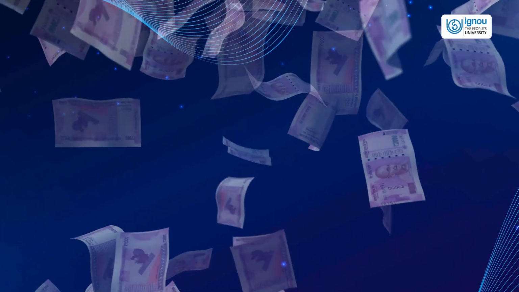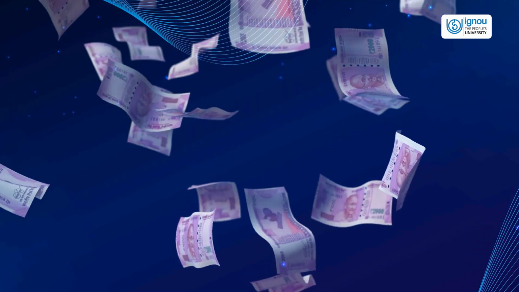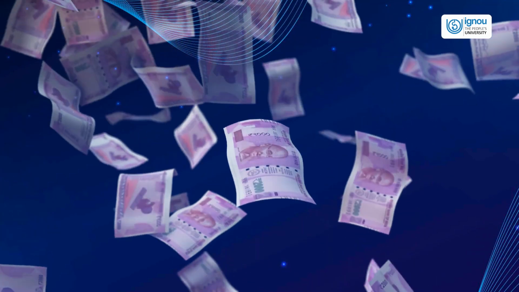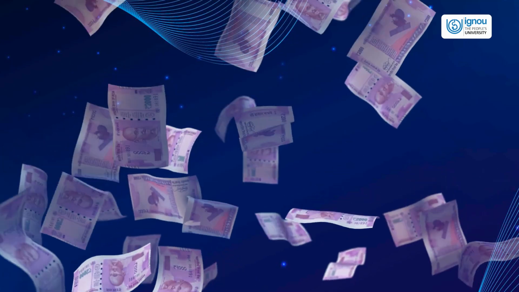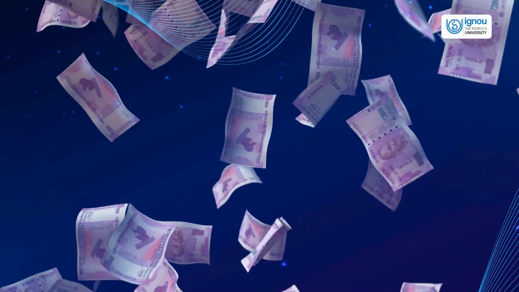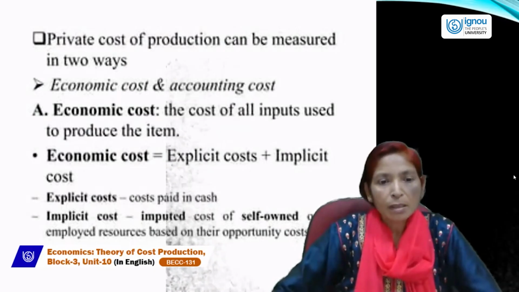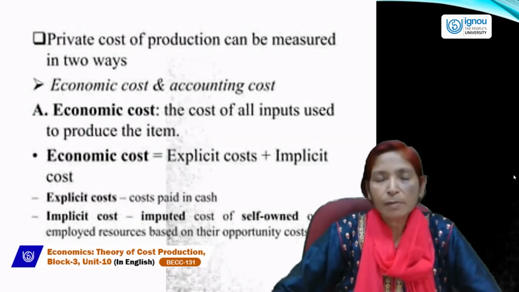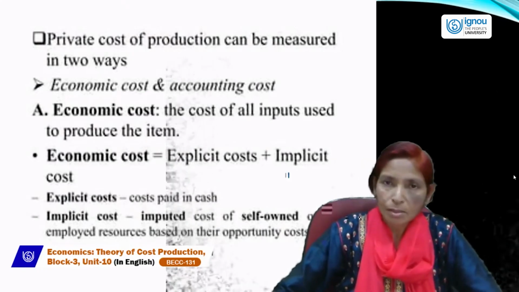Economic cost is the cost of all inputs used to produce any goods and services. The economic cost formula is explicit cost plus implicit cost plus opportunity cost. If we add all types of cost, then we can get economic cost.